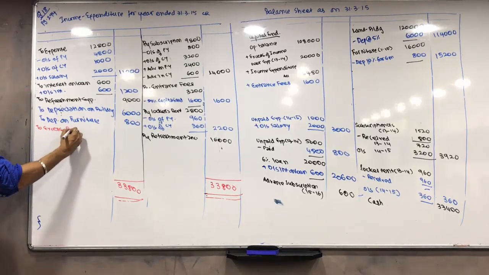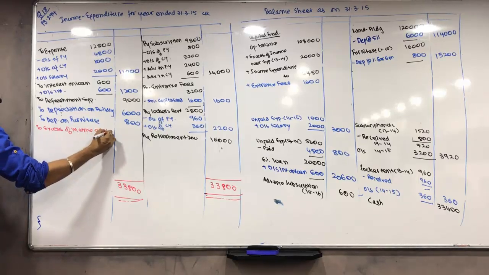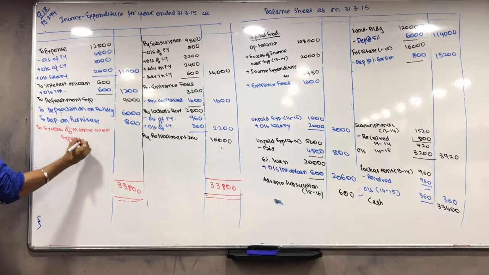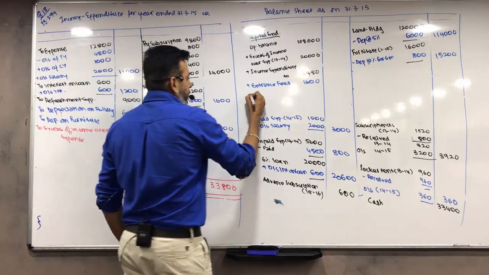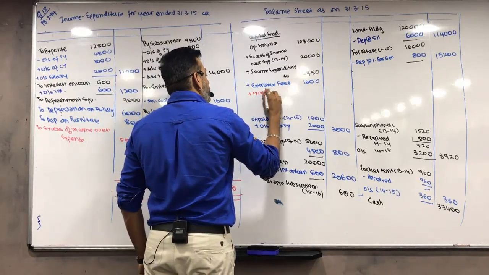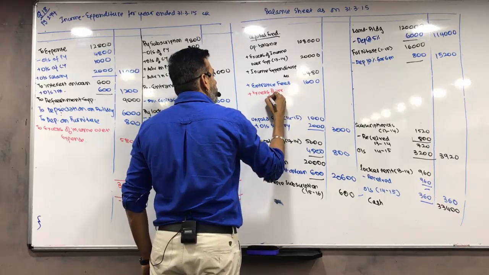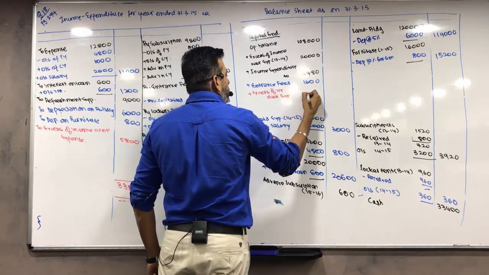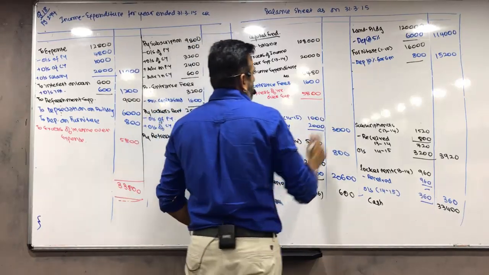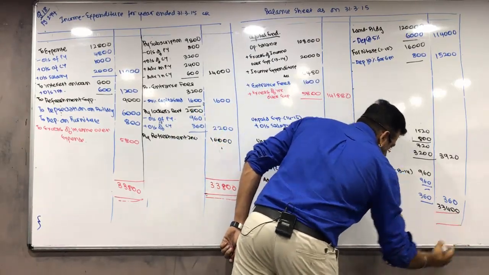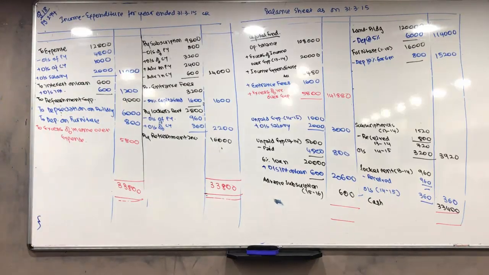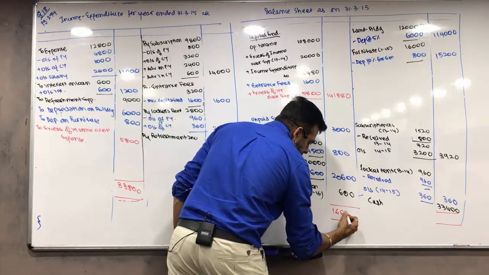Excess of income over expense, 5,800. Transfer it to excess of income over expense. It should tally. And total is 166,880.